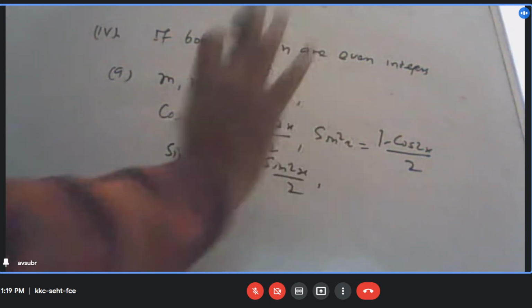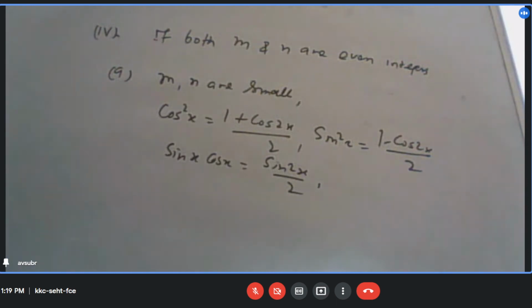You can use this kind of formula when m and n are small.